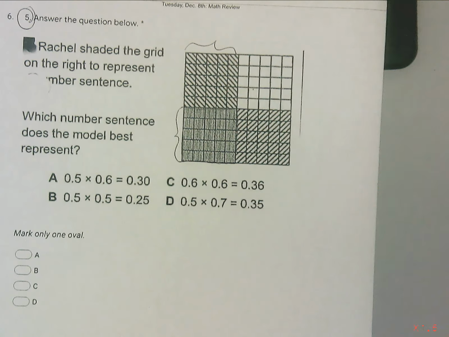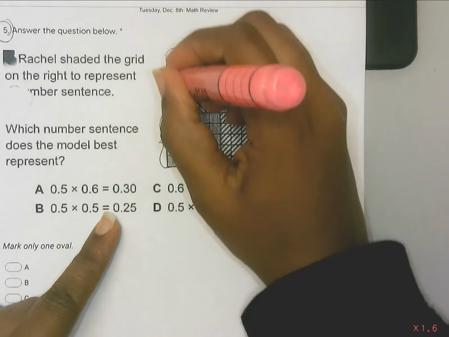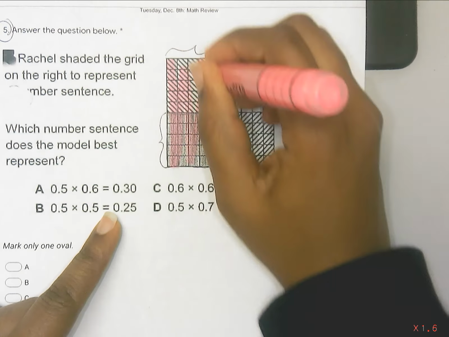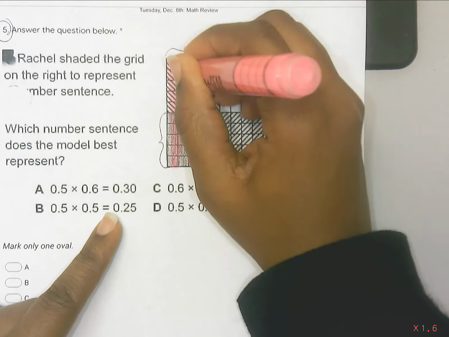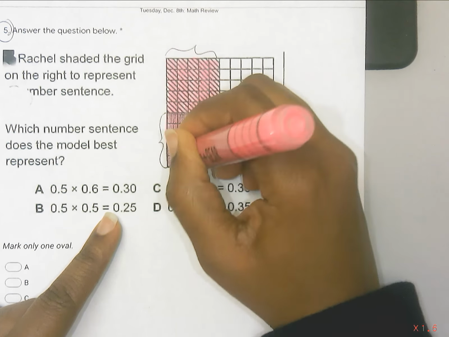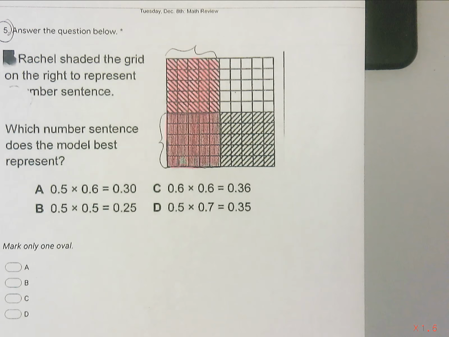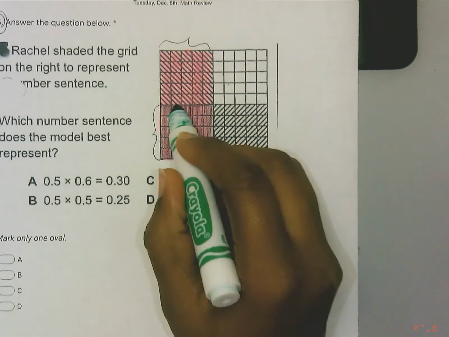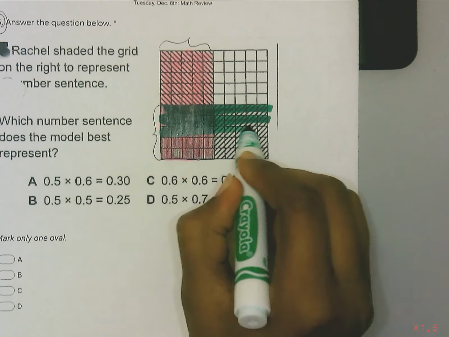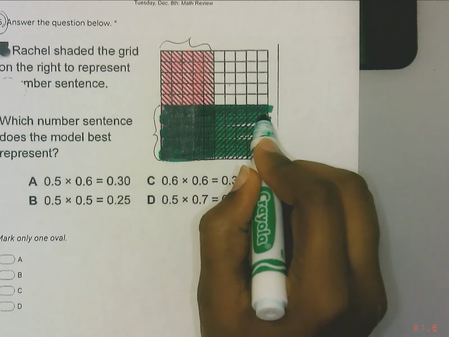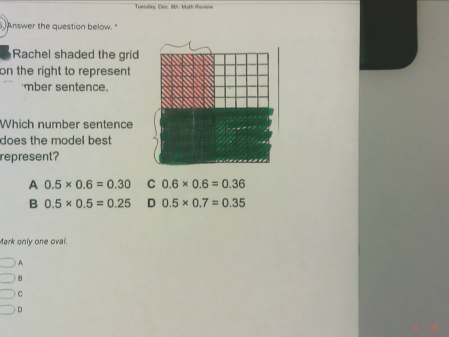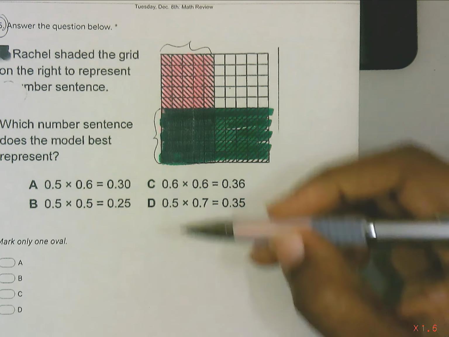So if we do the colors again, we got some going down, and we have some going across. Where it overlaps is our answer.